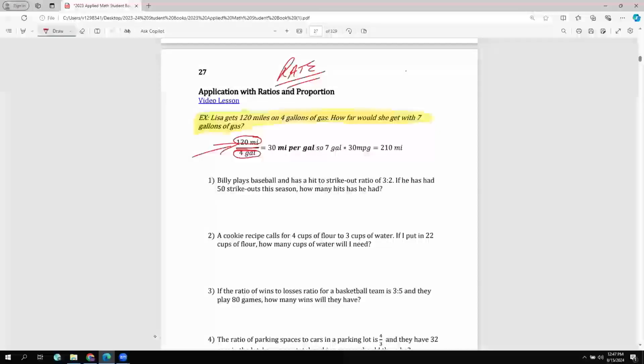When I take the total miles and divide it by the 4 gallons, I want to put your eyes here at the kind of answer that I get. This is a title or designation for the number that comes out. 120 divided by 4 comes up with the number 30.